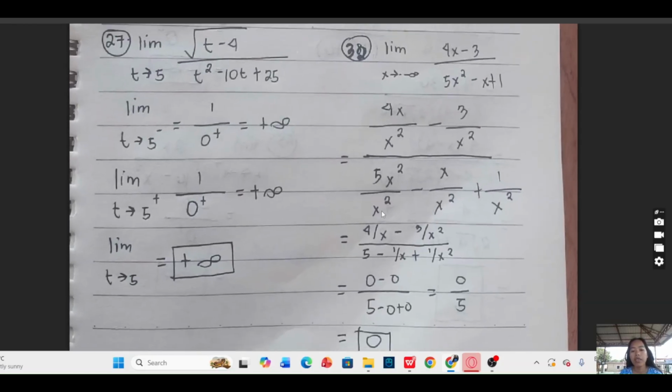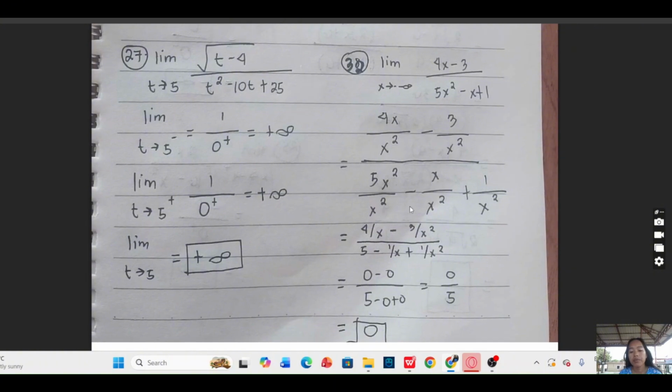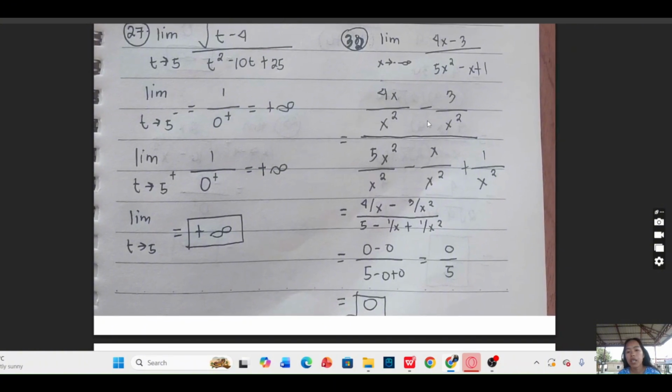Next, we are given this problem: the limit of 4x minus 3 over 5x squared minus x plus 1 as x approaches negative infinity. We express this function as 4x over x squared minus 3 over x squared, all over 5x squared over x squared minus x over x squared plus 1 over x squared.